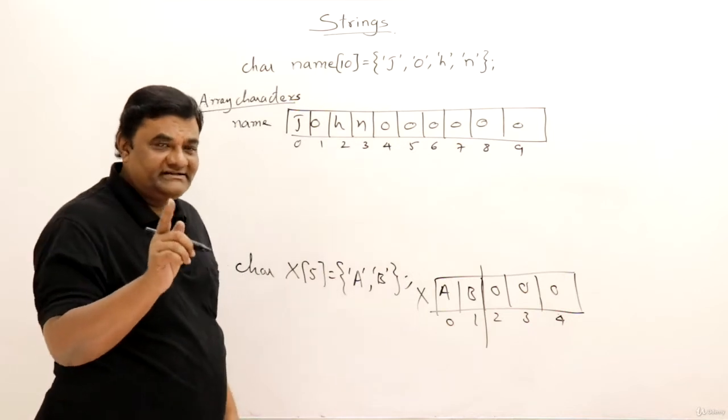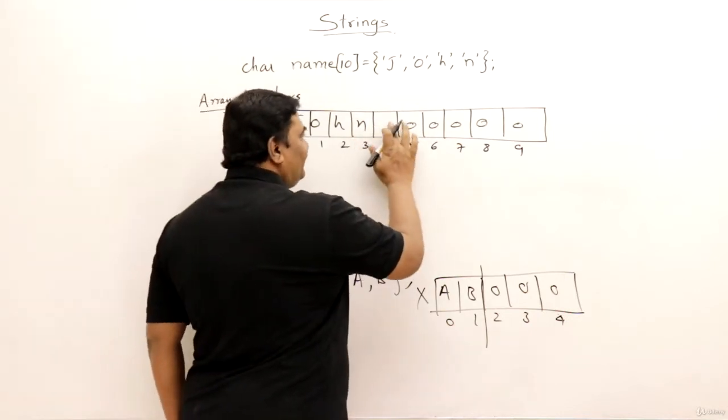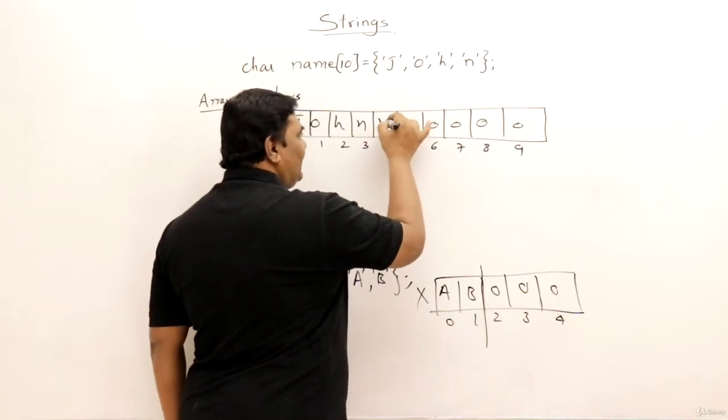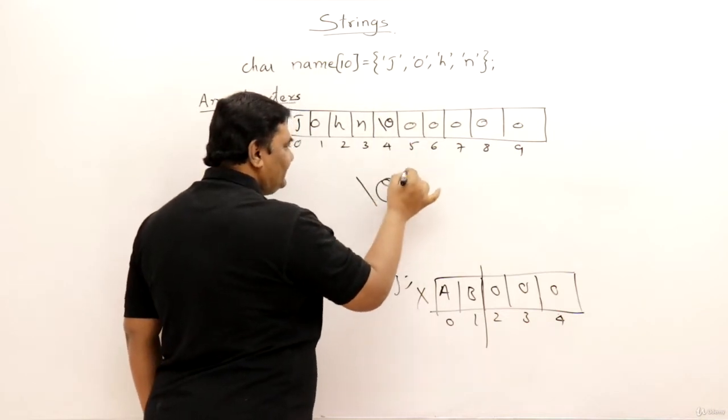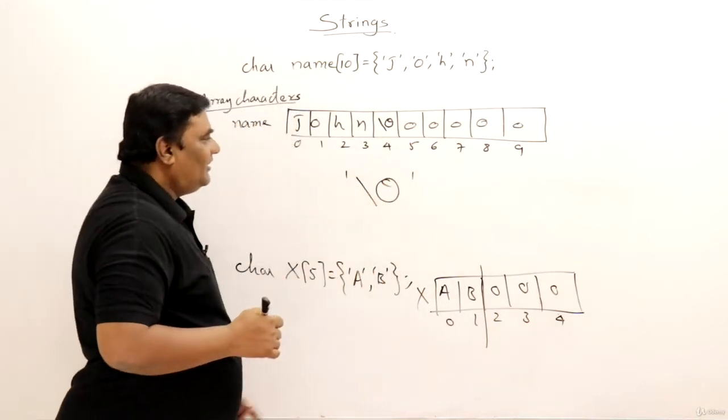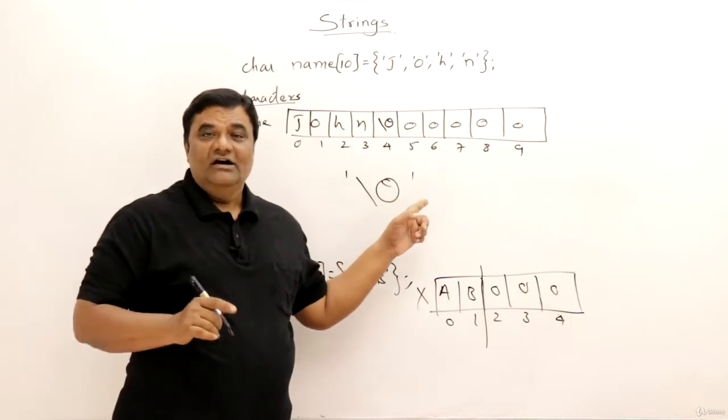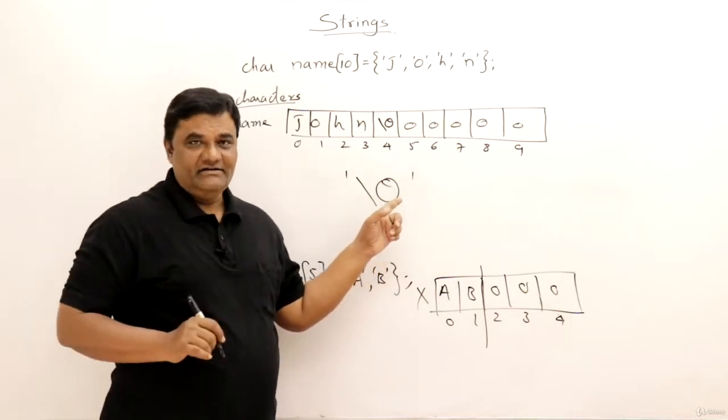So yes, in C and C++, it is marked with the null character, that is \0. This \0 is a null symbol or a string delimiter or end of the string character.